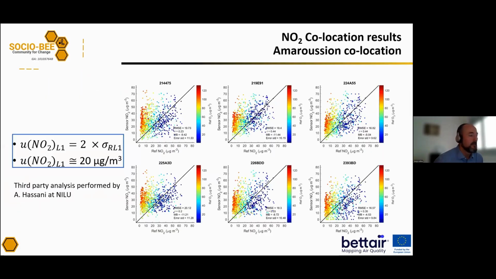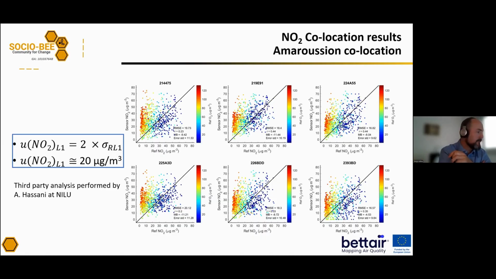Well, let's take a look at the collocation activities that we did at the Evolution pilot. We had these measurements at, I think, an urban background station with not very high levels of NO2.